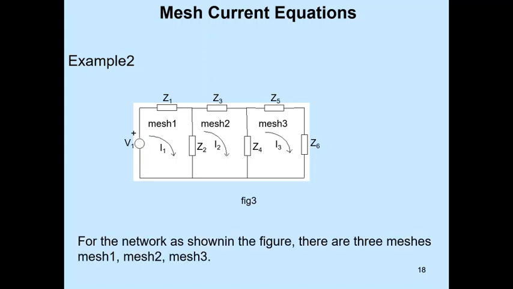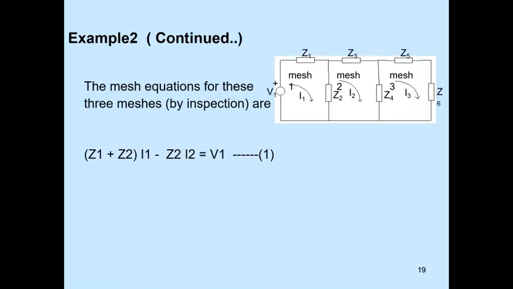Here it is identified as 3 mesh equations: mesh 1, mesh 2 and mesh 3. We can write the first mesh equation as Z1 plus Z2 into I1 minus Z2 into I2 is equal to V1, because the currents I1 and I2 are flowing in opposite directions in the common element.